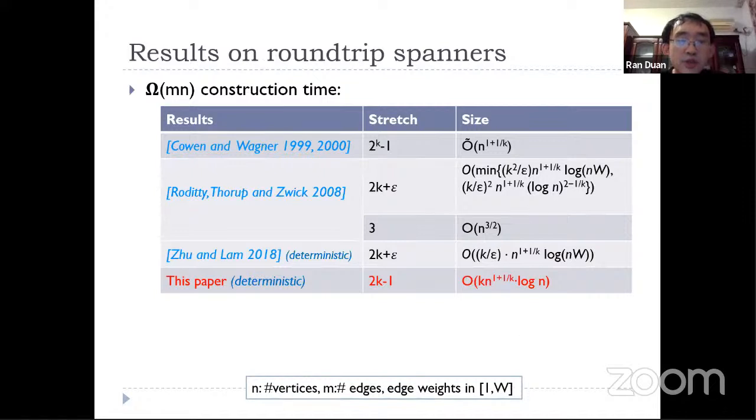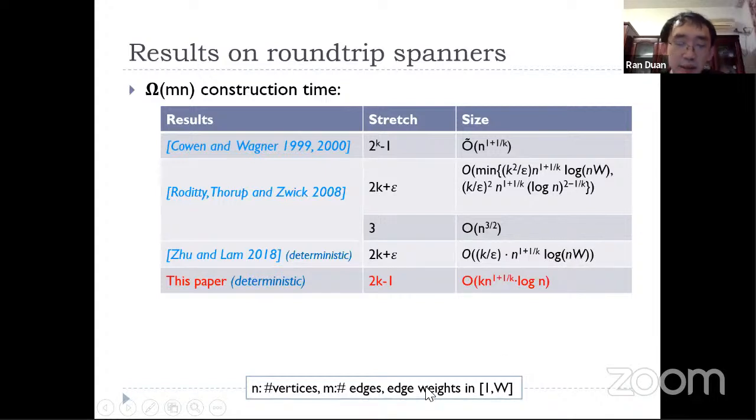So this is a summary of the results on round-trip spanners. Previously, there was a 2k+epsilon stretch spanner with size about k times n^(1+1/k) times log nW.